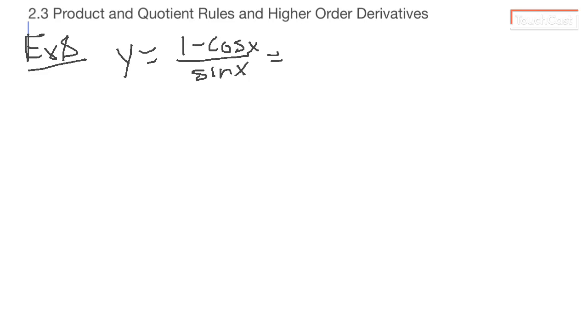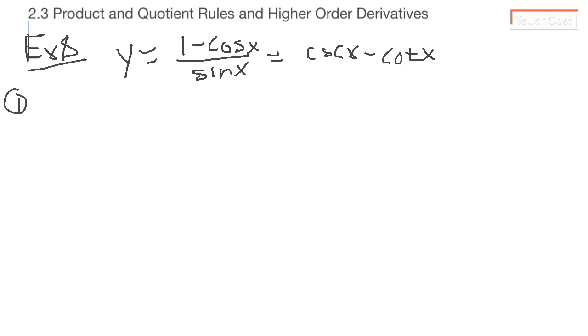The other form is cosecant x minus cotangent x. So let's start with the first form, 1 minus cosine x over sine x. That is going to incorporate the quotient rule we've been talking about.